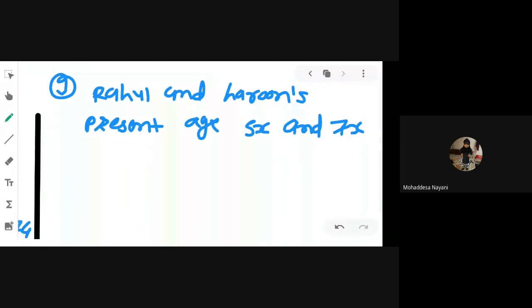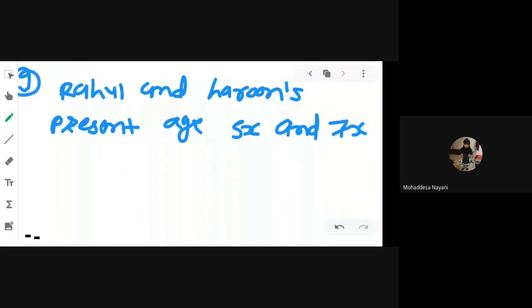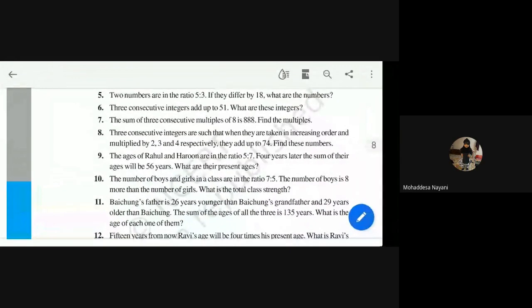So the present age of Rahul is 5x, Harun's present age is 7x. Clear all of you? Again read the statement, please see. The ages of Rahul and Harun are in a ratio 5:7. So it means Rahul's present age is 5x and Harun's present age is 7x.